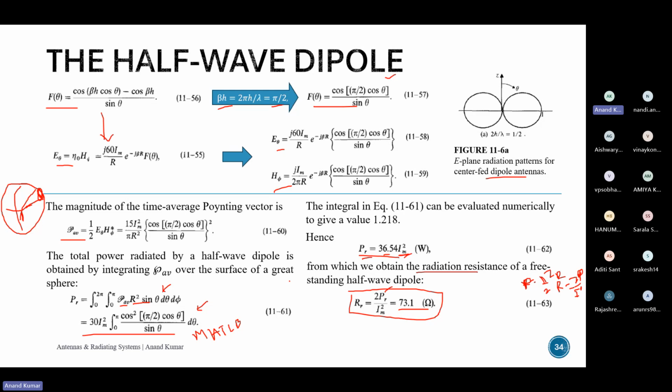Substituted that into the pattern function, got the reduced pattern function for the half wave dipole, and substituted it inside the electric field expression and magnetic field expression. So we got the electric field and magnetic field in the far field, and then used them to get the Poynting vector, the average power radiated from the antenna, and integrated the average power to get the total radiated power.